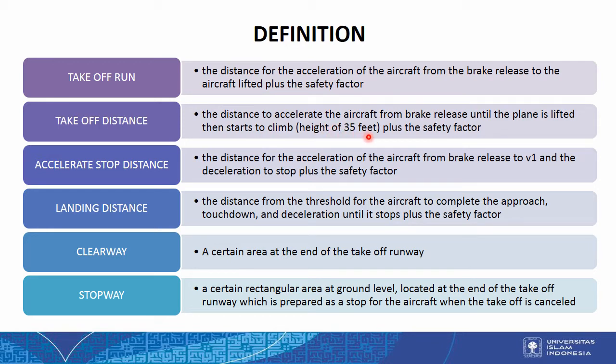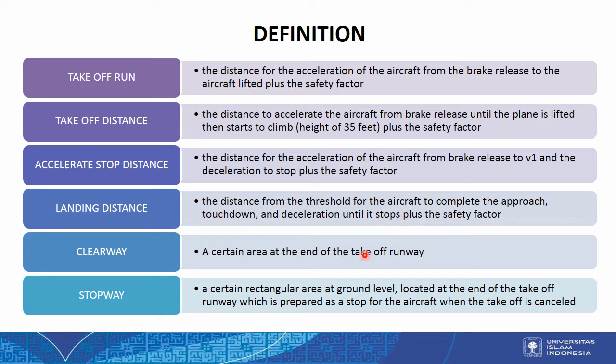The accelerate stop distance is from brake release to V1, and if there is an engine failure before reaching V1, the deceleration to stop. And the landing distance is for the aircraft to complete the approach, touchdown, and deceleration until it stops.